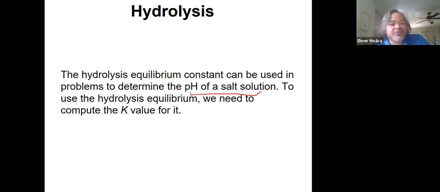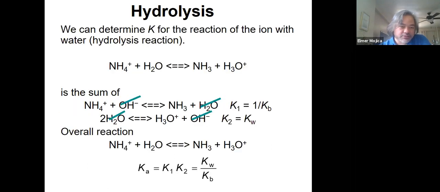But now there are numbers to back it up, because the pH has a number to support your answer: if it's acidic, the pH is less than 7; if it's basic, the pH is more than 7. We did this already indirectly when we dealt with the salt of a weak acid and a weak base. So we can determine the K for the reaction of the ion with water, the hydrolysis.